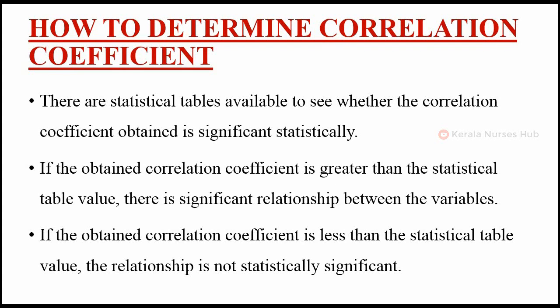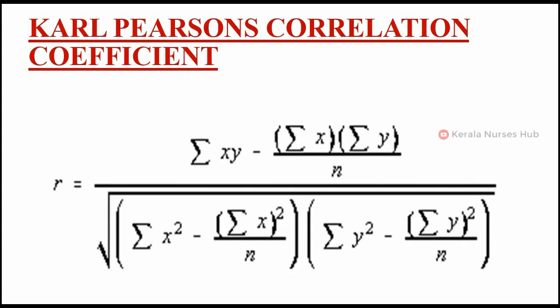If the correlation coefficient value is greater than the table value, there is a significant relationship existing between the variables. If the obtained correlation coefficient is less than the table value, the relationship is not statistically significant. We need this statistical significance in the case of testing the hypothesis. At that time our r value has to be compared with the table value to identify whether it is statistically significant or not.